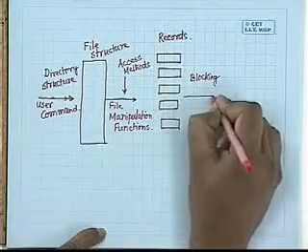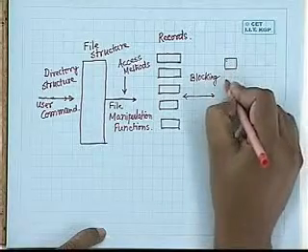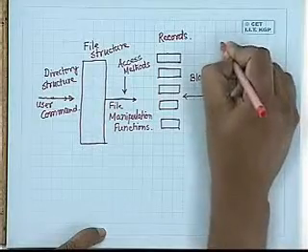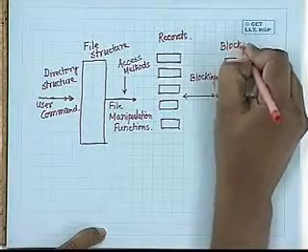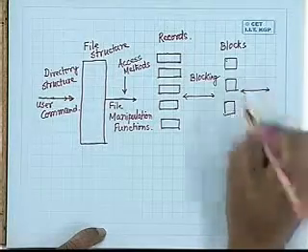Okay. So by this blocking mechanism, what I'll have is a number of blocks, okay, and this is the block which will go onto the disk.